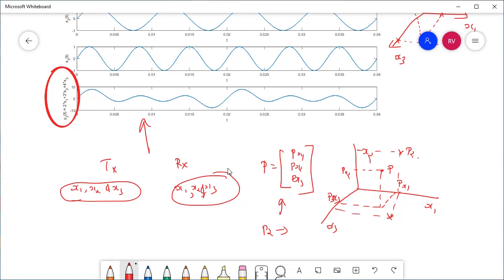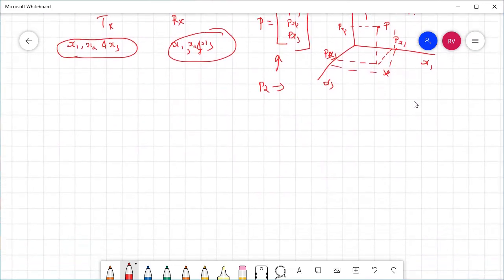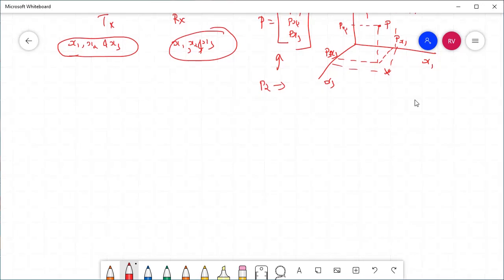So we can now formally define the signal space representation, or we can say it like this. Suppose I have m energy signals.